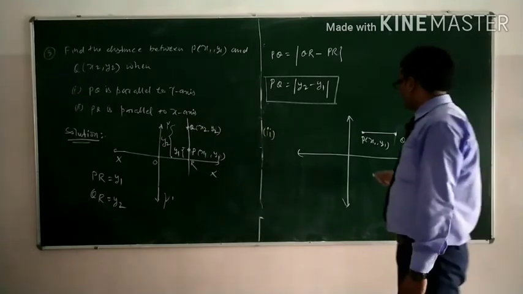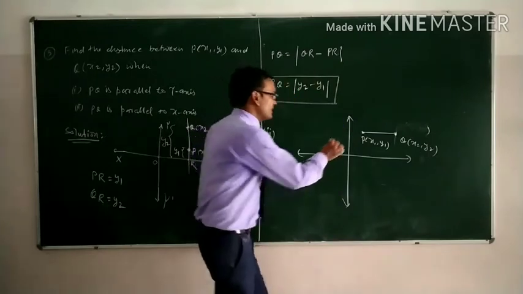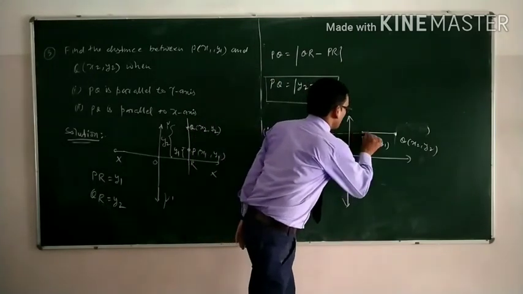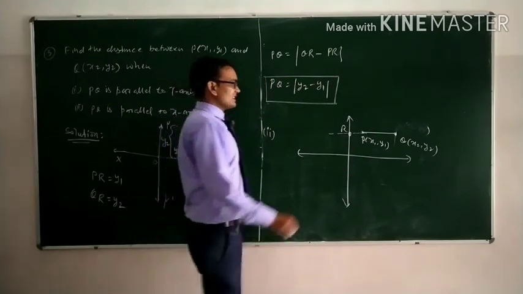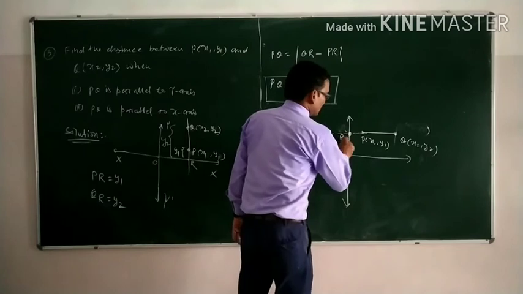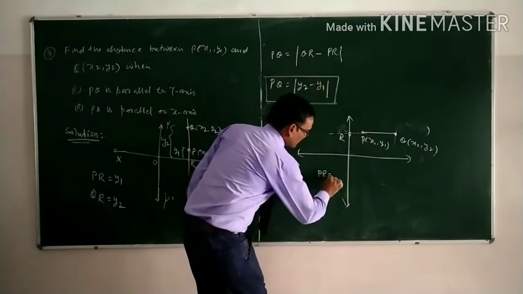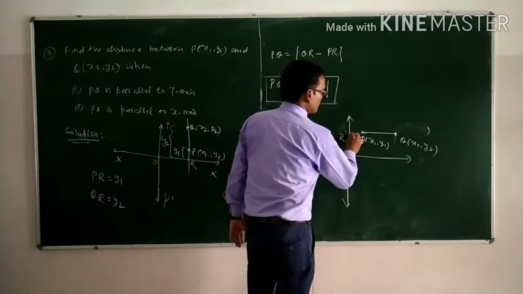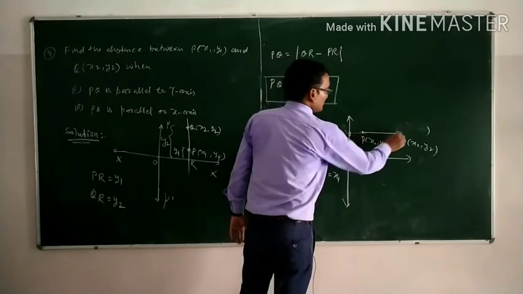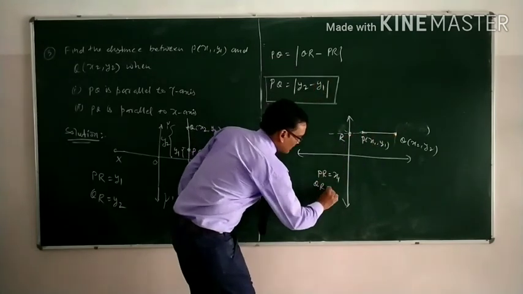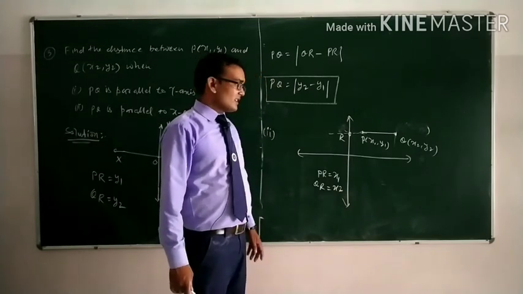Okay students, here PQ meets the y-axis at point R. Then the distance PR is equal to x1 and QR equal to x2.